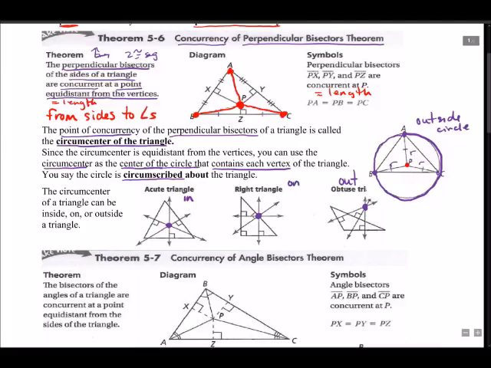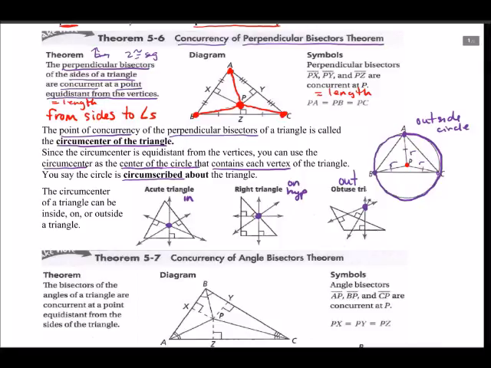It's on the hypotenuse. Because think about what we have here. If we have a right triangle, we can draw a square or a rectangle, and our circle would go around it like that. So our triangle, a right triangle, would be in half of the circle. Again, I'm going to erase all this, so don't worry about that.